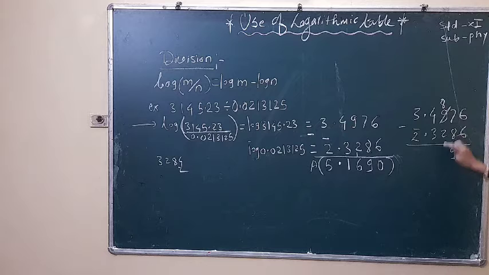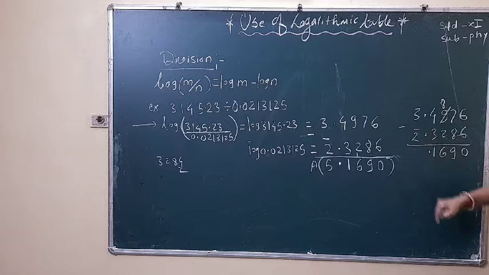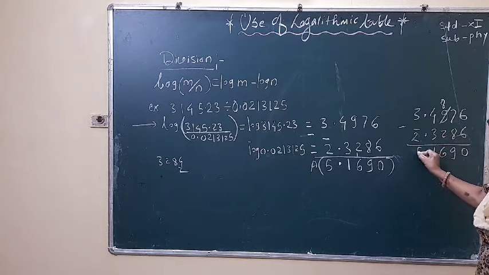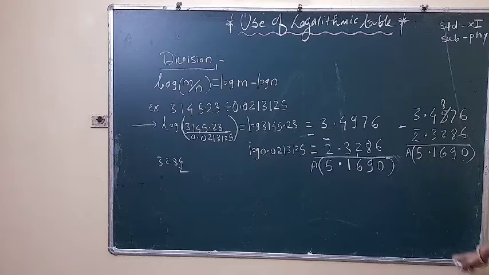Then 8 minus 2, 6, and 4 minus 3, 1. Here the subtraction of characteristic becomes positive. Then 3 plus 2, 5. Here subtraction is done by 2 methods. Subtraction was shown by both methods.